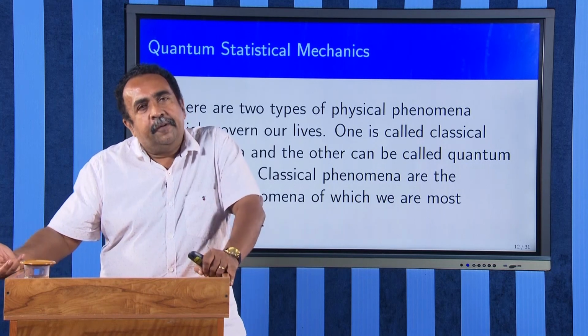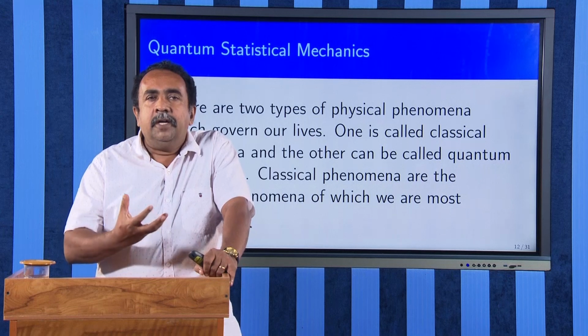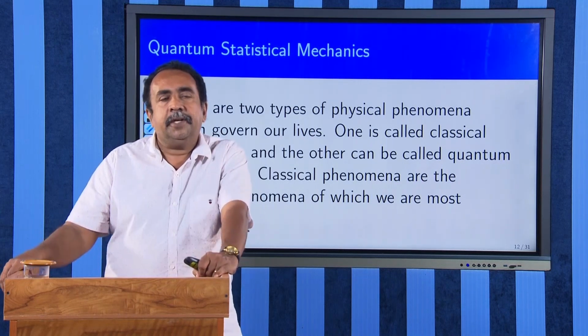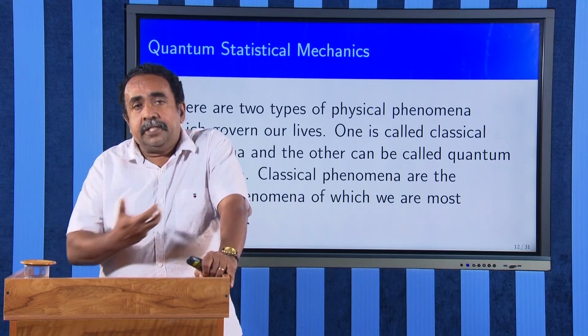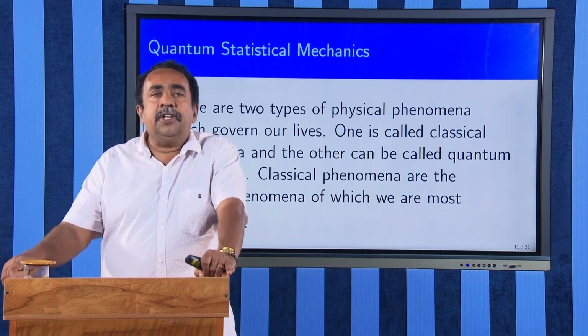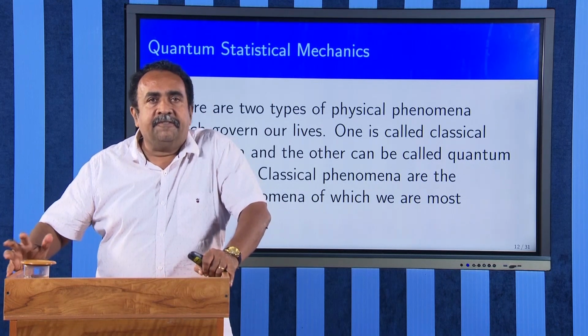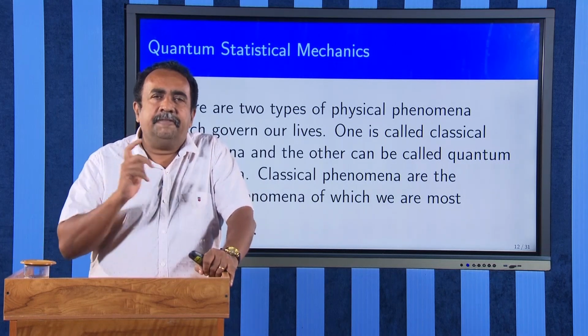If you want to find out the specific heat of a solid, we have to take into account the phonons inside the solid, which are basically quantum particles. Similarly, based upon the ideas of Satyendranath Bose, an Indian physicist, Albert Einstein put forward Bose-Einstein condensation, which is purely a quantum phenomenon.